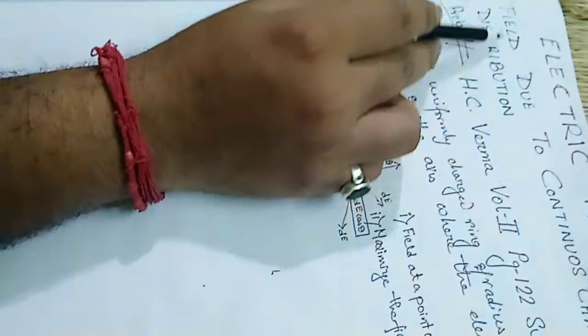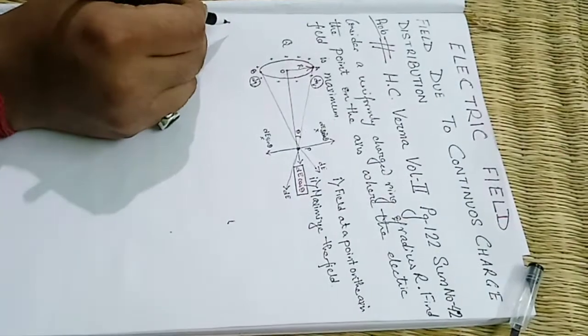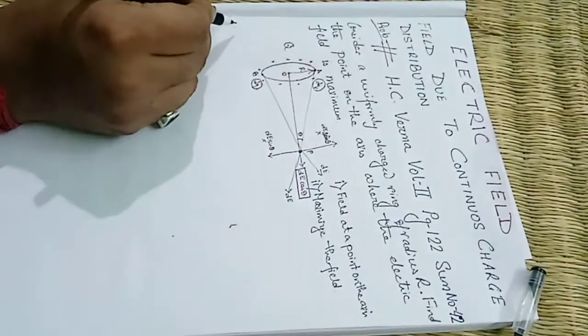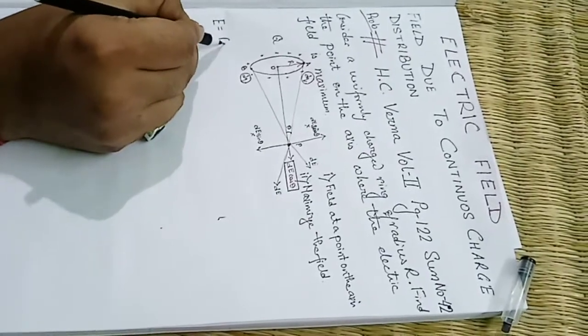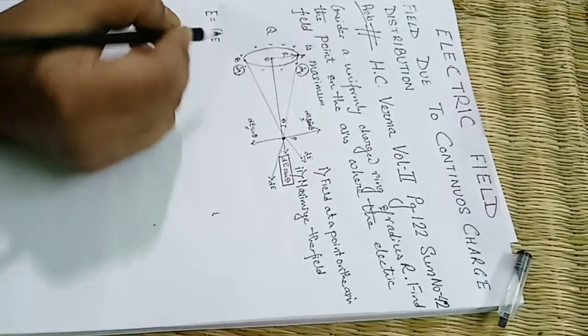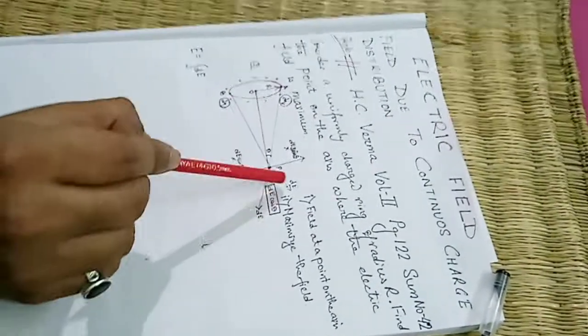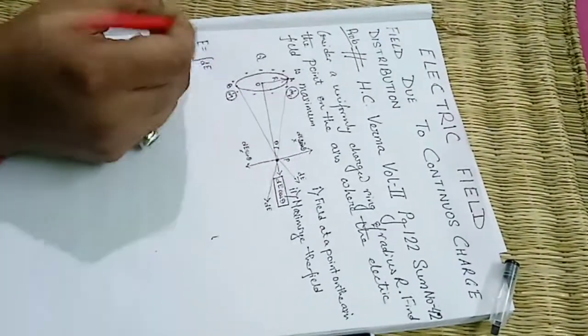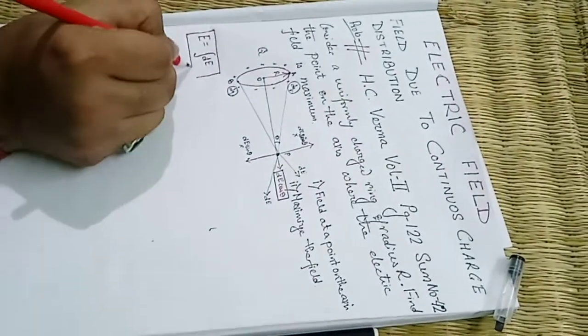Now remember, for field due to continuous charge distribution, the formula that we will be using is field E is the total integration of field dE. There will be several such small fields dE, and we will integrate over it to get the result, right?